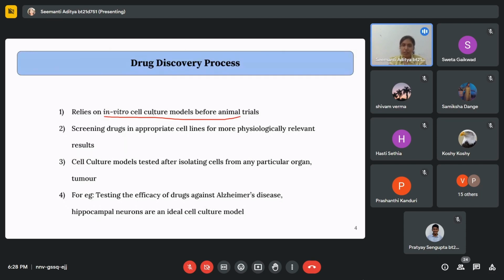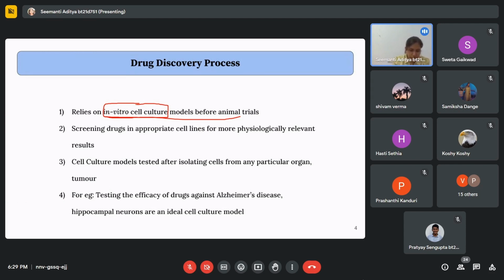So the first step for any drug screening process is in vitro cell culture. If we want to screen drugs appropriate for neuronal cells, we have to isolate neuronal cells and then screen, and see what the drug concentration or the toxicity of the drug is in that cell line.